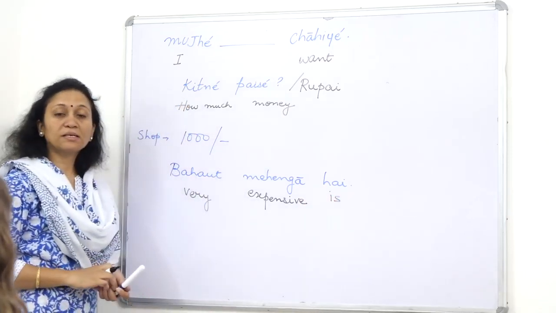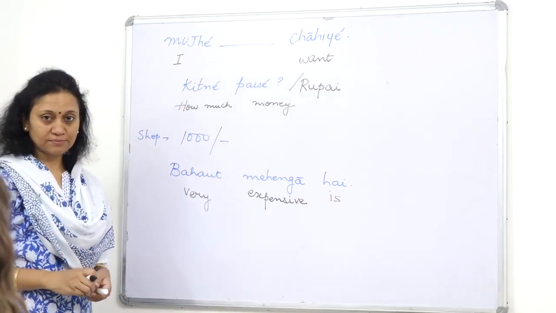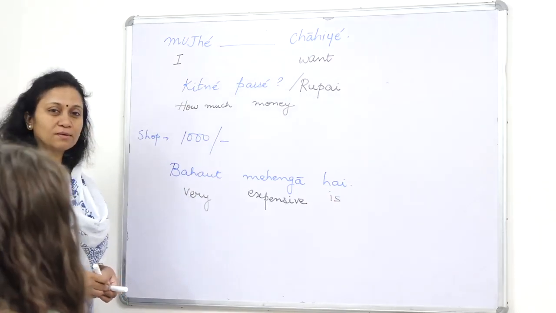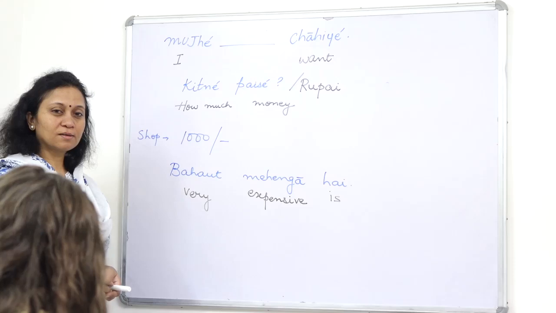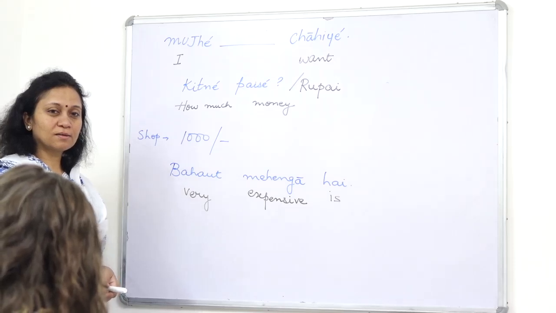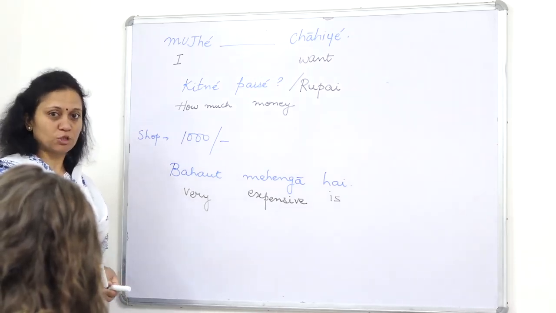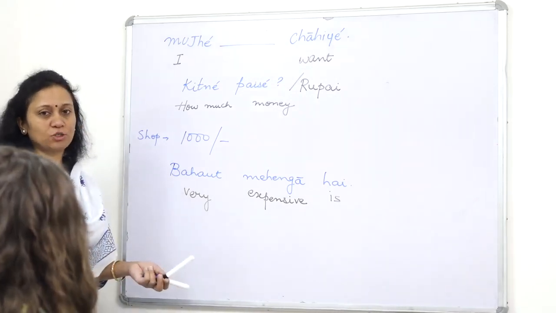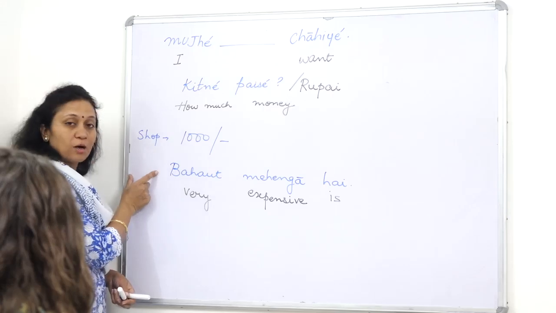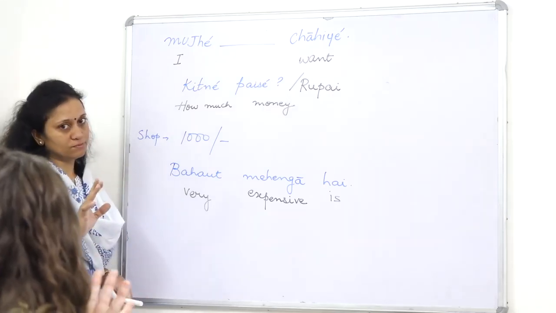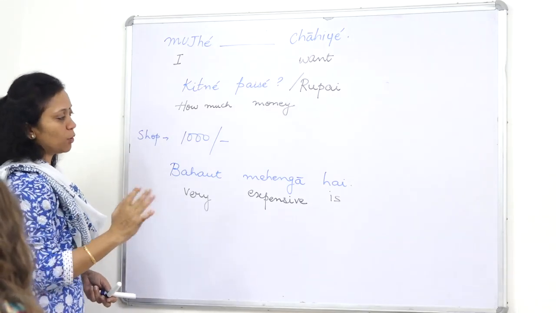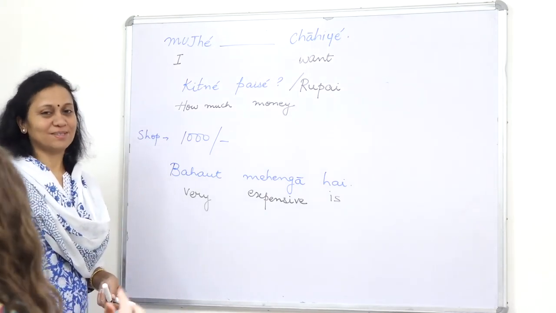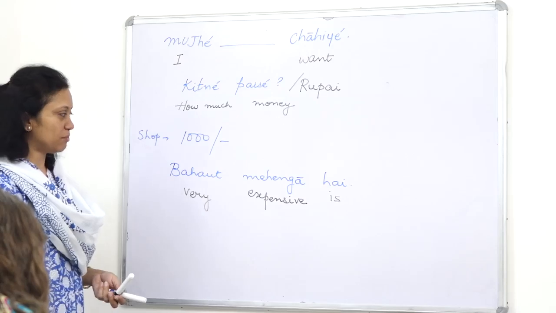You just use the masculine singular. It changes, महंगी also, but here you're not using the noun name, so I just default to that. Kind of like you would just say acha. It's the default. So you say बहुत महंगा है.